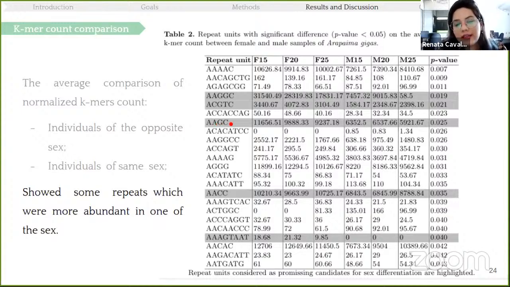And are there any repeat units absent in either sex? So this table showed us, in this comparison using a t-test, some repeats which were more abundant in one sex than the other.